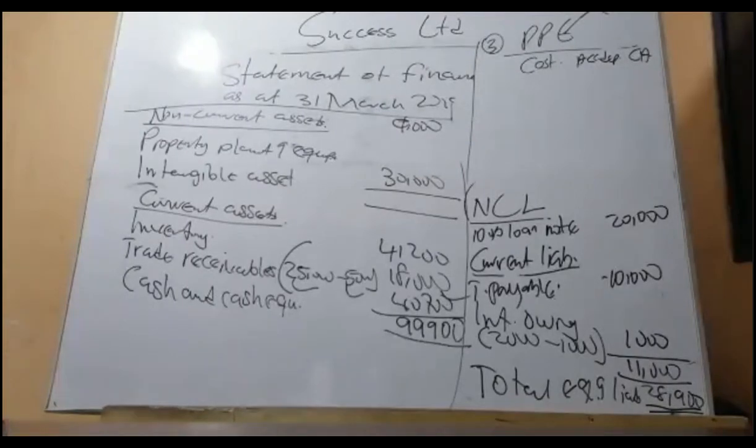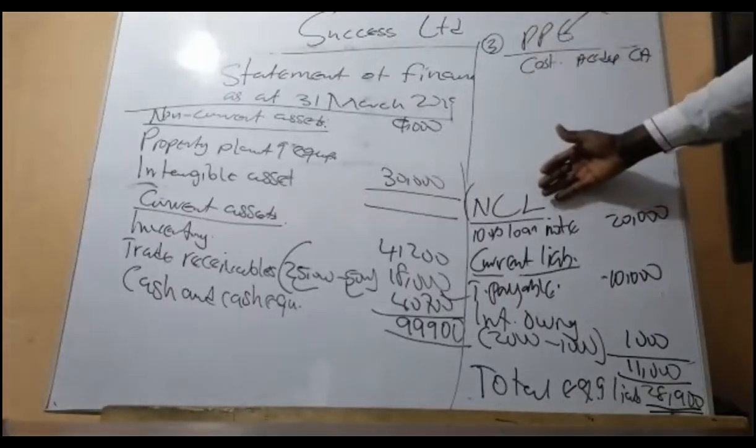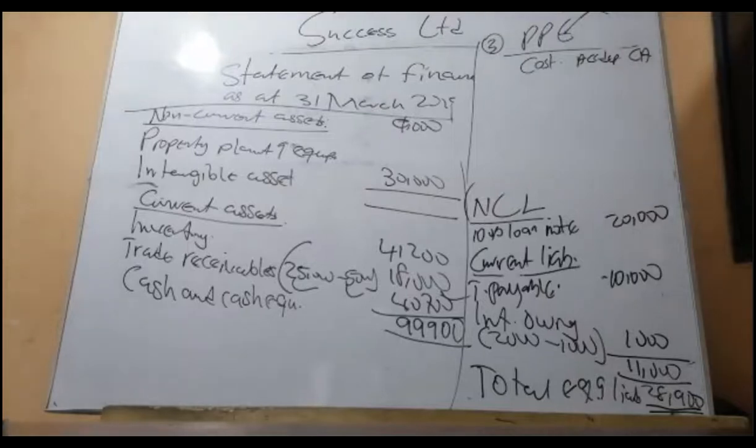Now you go to the trial balance. You know all the items, right? The tangible non-current assets. So let's go and list them, starting from the very first to the very last. Sometimes the examiner can arrange them in a particular section for you, but I will not do that. I will scatter them.